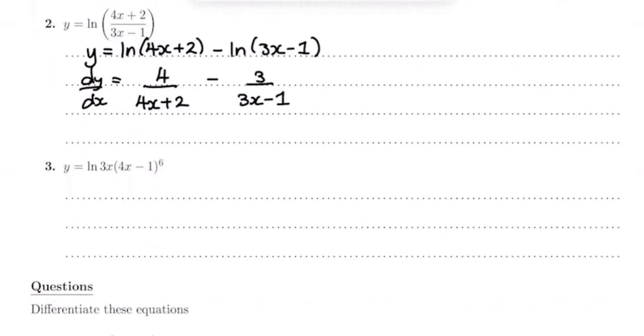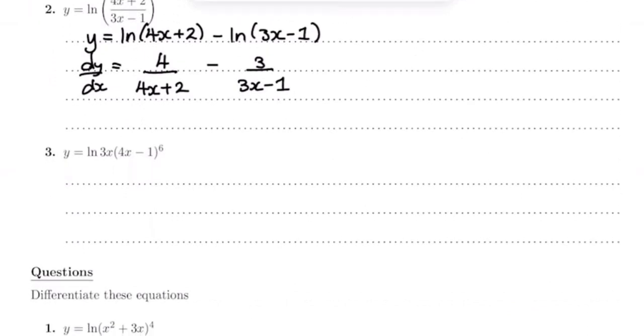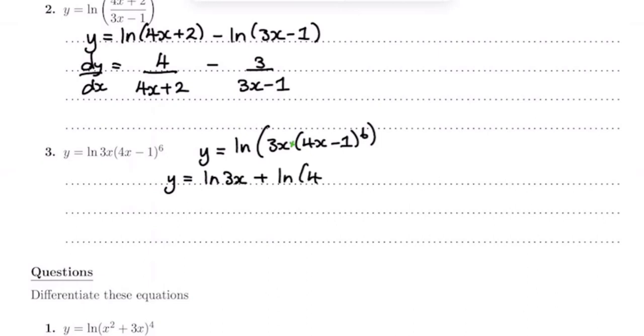Now the next one, just be careful. Right, that natural log is applied to everything. So it's actually y equals the natural log of 3x multiplied by 4x minus 1 all to the power 6. So the first thing we're going to do is expand it using the addition rule, because there's a times in there. This is y equals the natural log of 3x plus the natural log of 4x minus 1 to the power 6.